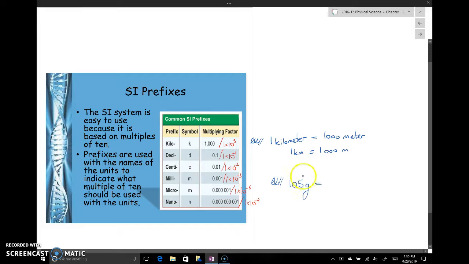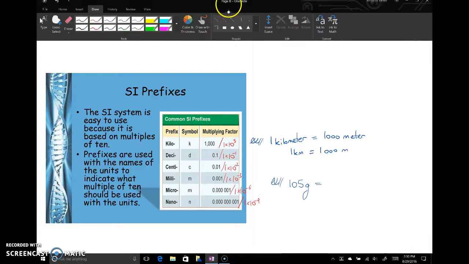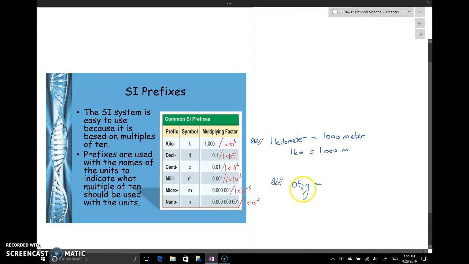So this isn't 1,000. We would need 1,000 grams to fill 1 kilogram, but we only have 105. What we'll do is move the decimal place over because we'll get a smaller number, and we'll end up getting 0.105 kilograms.